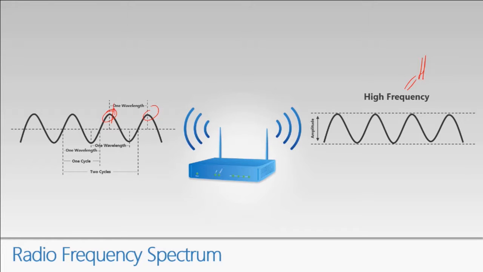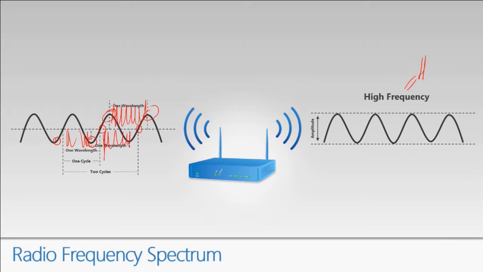So in this area here, we've got a wavelength. If I take my measurement here, the next time that signal repeats, that's another wavelength. If I take my measurement here and another measurement here, that's another wavelength.